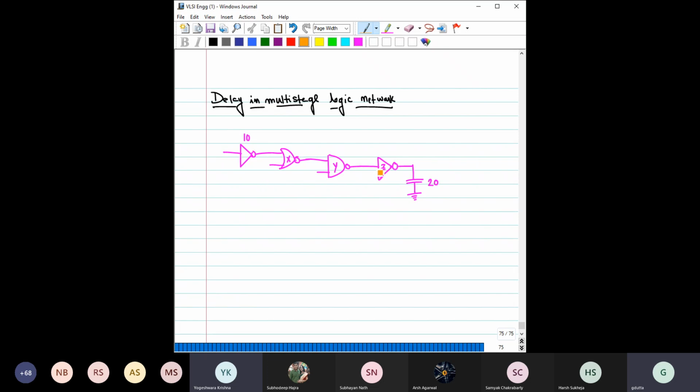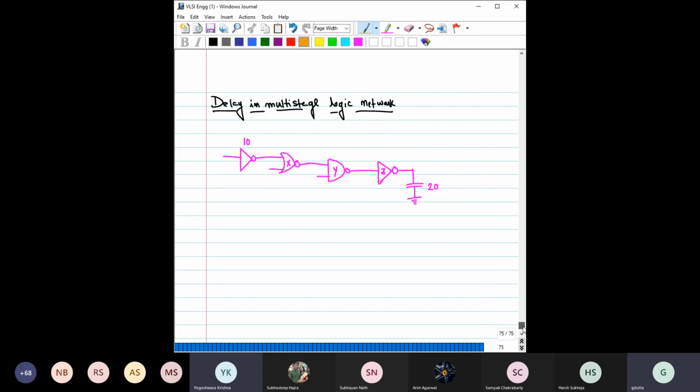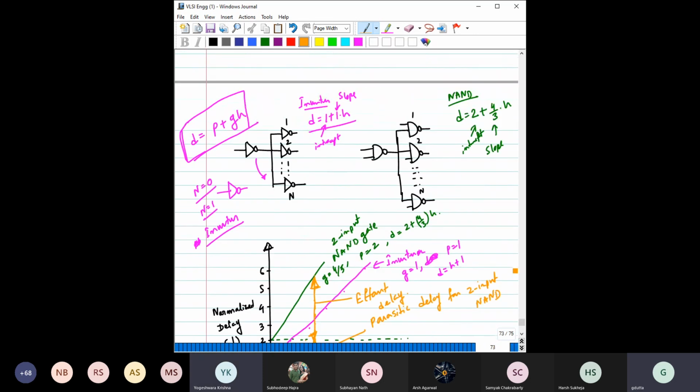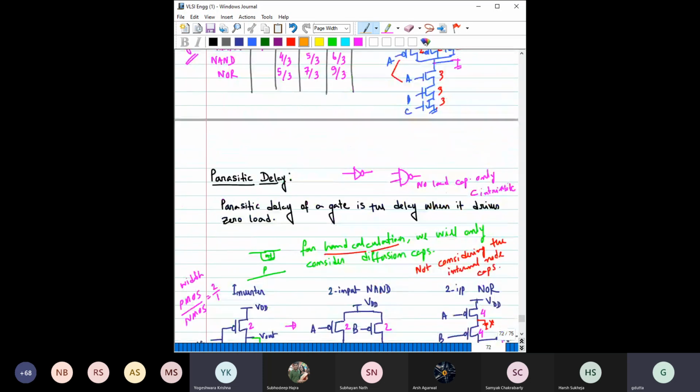Now for this combinational circuit, what should be the size of this X and Y and Z such that the delay would be minimum? We are trying to find this. In tomorrow's class we will start this, because if I start now I cannot complete, and again tomorrow we have to restart. If you have any doubt here.